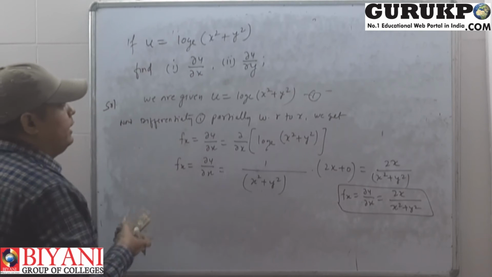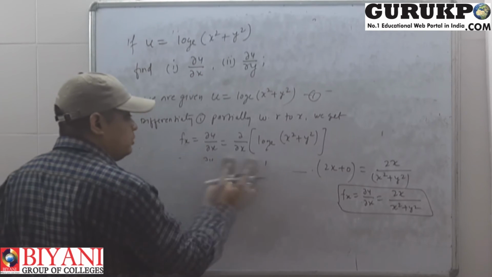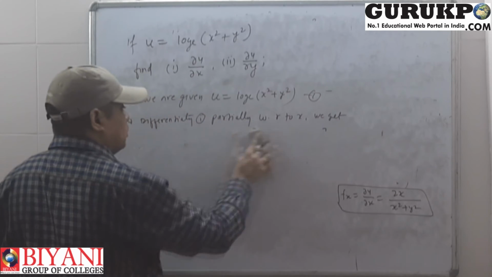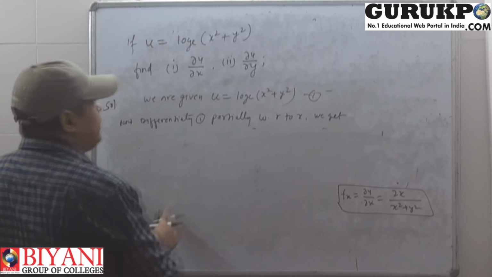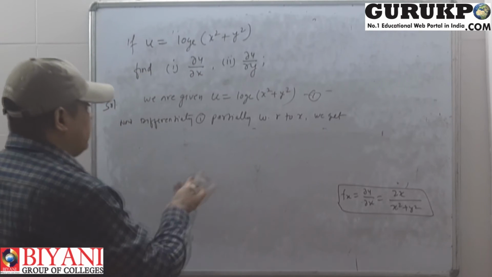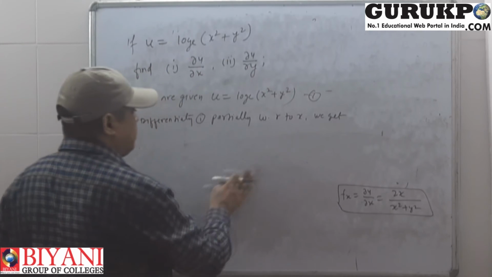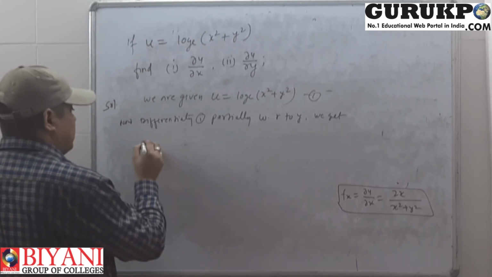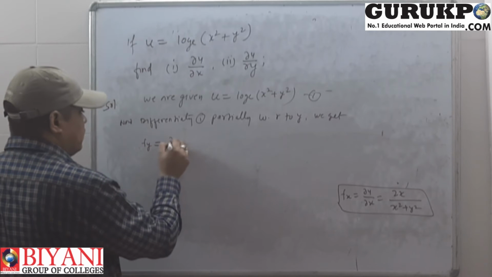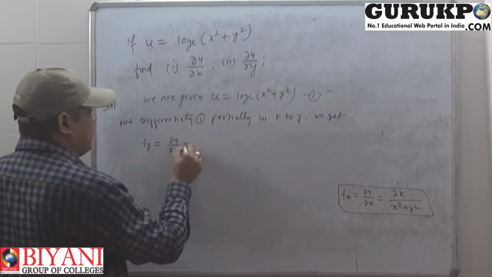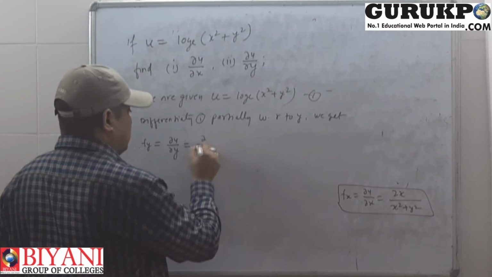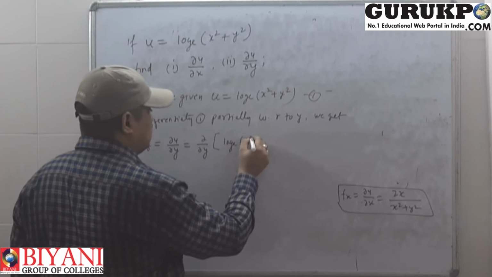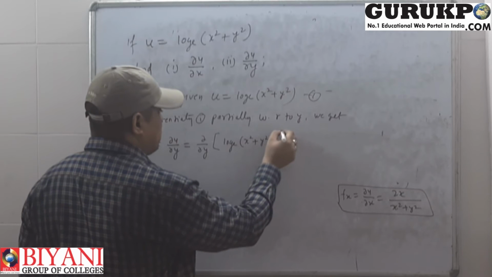Similarly, we can find del u by del y. For finding the derivative of u with respect to y, we will partially differentiate 1 with respect to y, and it will give f of y del u by del y, which is del by del y of log of x square plus y square.